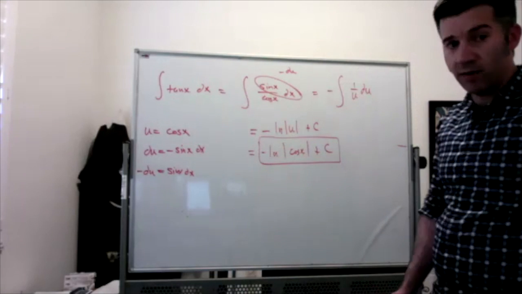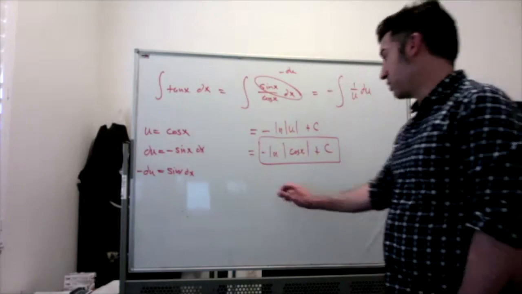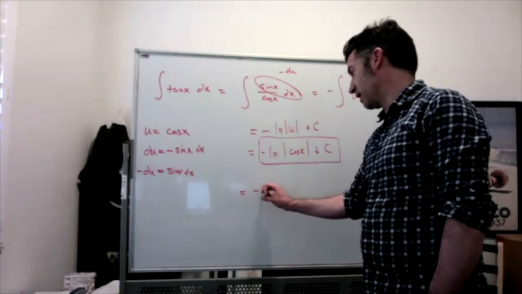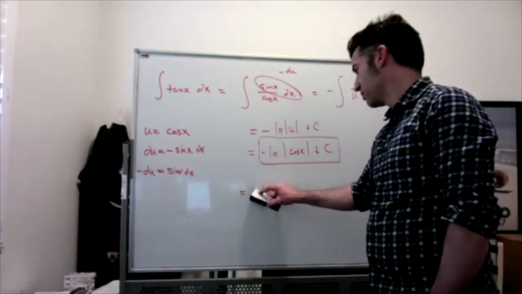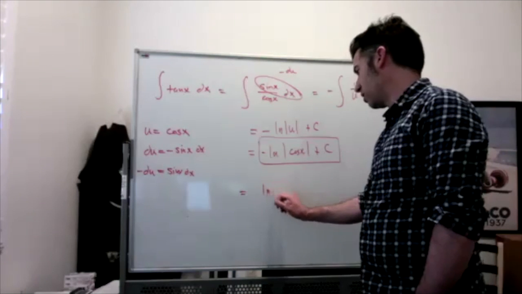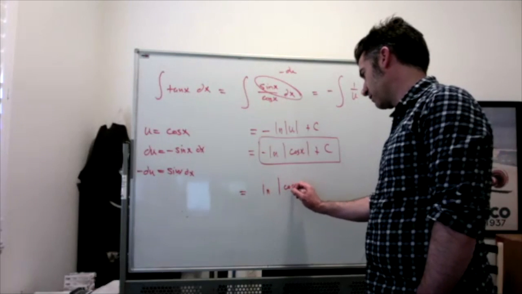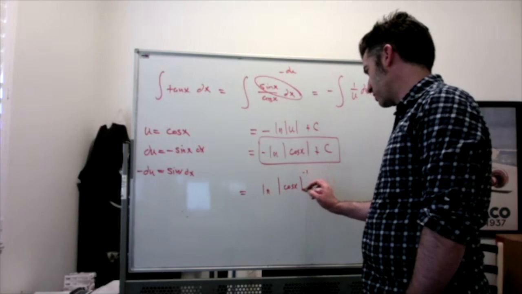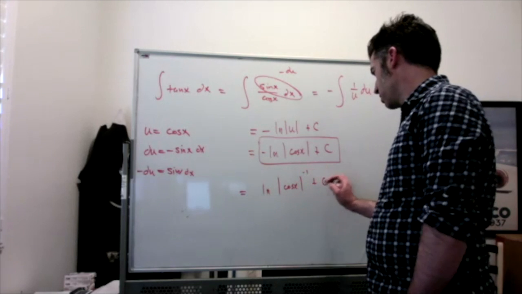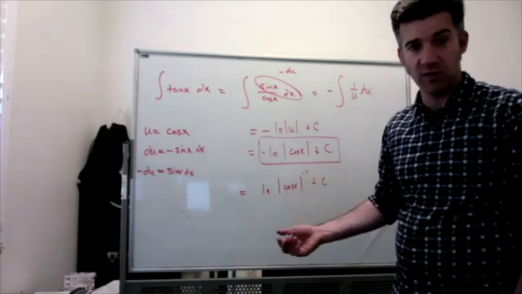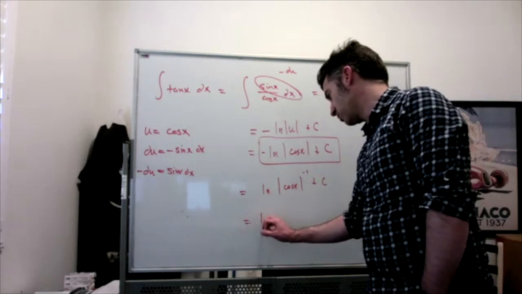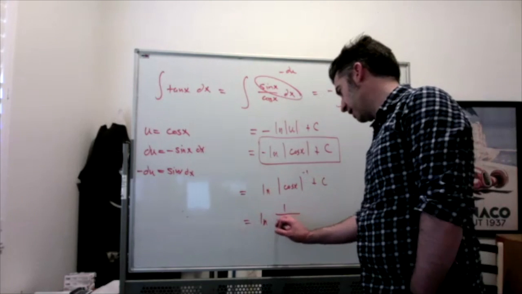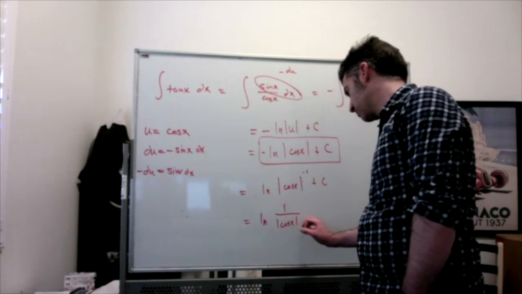I will also point out that you could rewrite this as the natural log of the absolute value of cosine of x to the negative first power. But when you have something to the negative first, you can do its reciprocal. So this is the natural log of 1 over the absolute value of cosine of x.